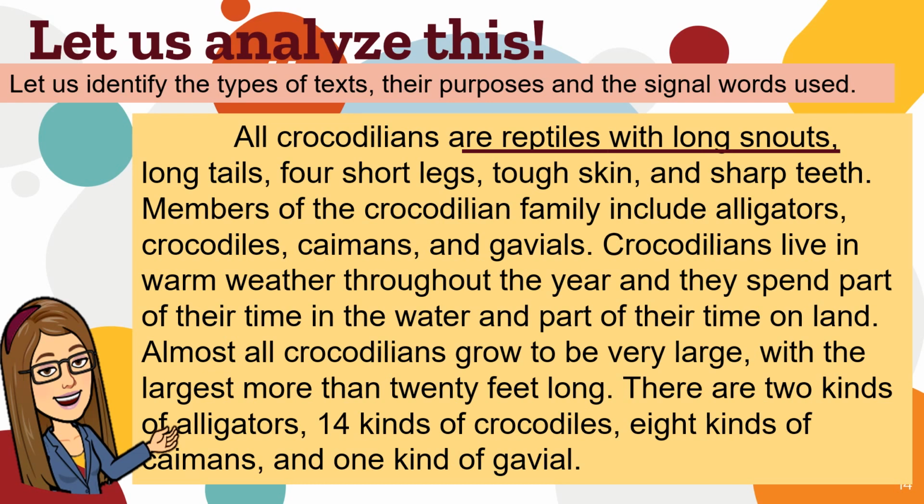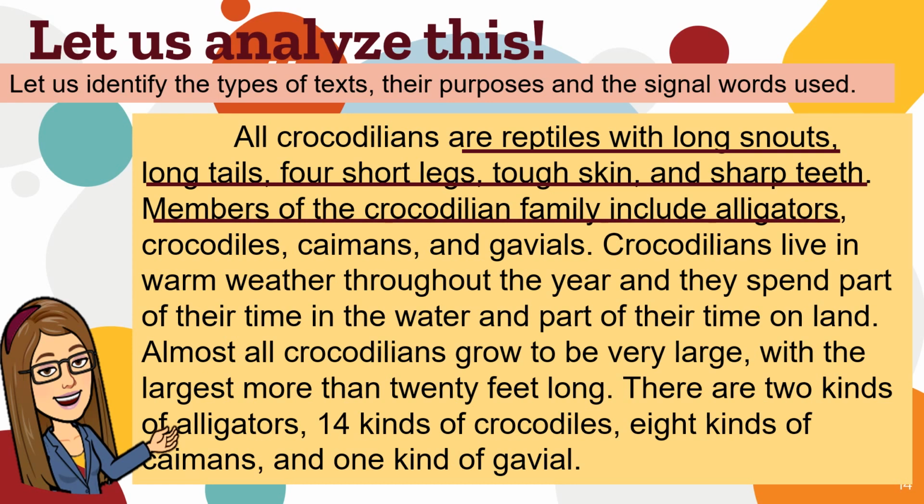In this passage, or paragraphs, it describes the crocodilians. They are the reptiles with long snouts, long tails, 4 short legs, tough skin, and sharp teeth. And it also mentions the family and gives examples of the members like alligators, crocodiles, caimans, and gavials.